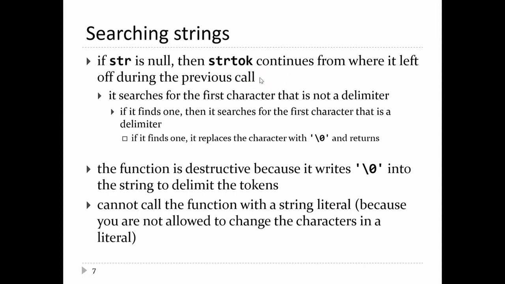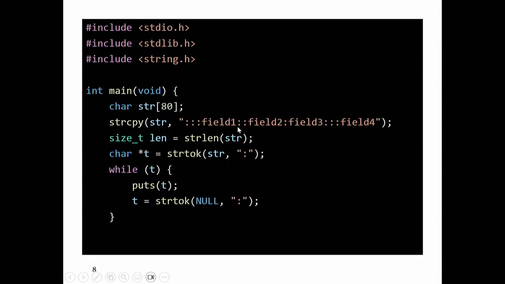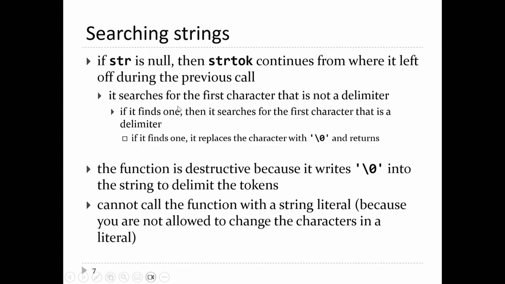So this suggests that there's some mechanism in C where a function can remember something from a previous function call. It's going to pick up from where it left off. It left off by writing a \0 there, so now it's going to search for the first character that's not a delimiter.